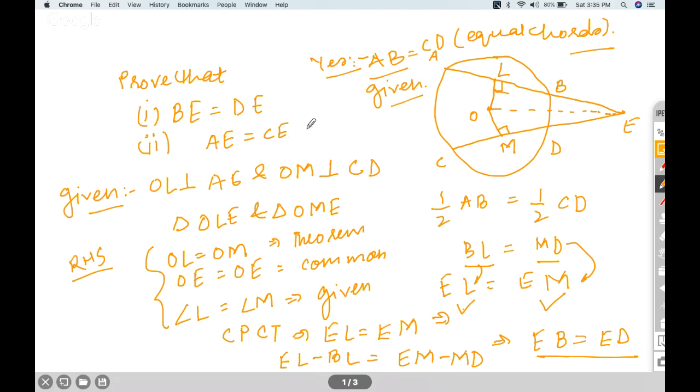Now once I have proved that EL is equal to EM, in EL I'll add AL, and in EM I'll add CM. So AL is equal to CM. So this becomes AE and this becomes CE.